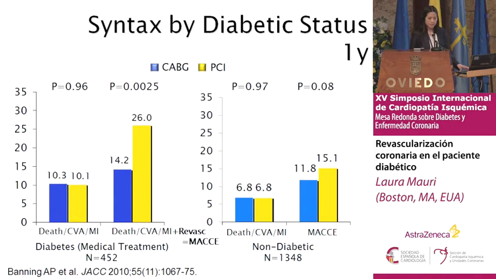And if one looks specifically at the diabetic findings, one sees that at 1 year, actually, the results for diabetics are pretty good, in that one sees the expected rate of increased repeat revascularization procedures, which was seen in the overall cohort, but no significant difference in death, CVA, or myocardial infarction. So a similar pattern of events to the non-diabetic patients, with the exception that the restenosis rates were significantly higher.